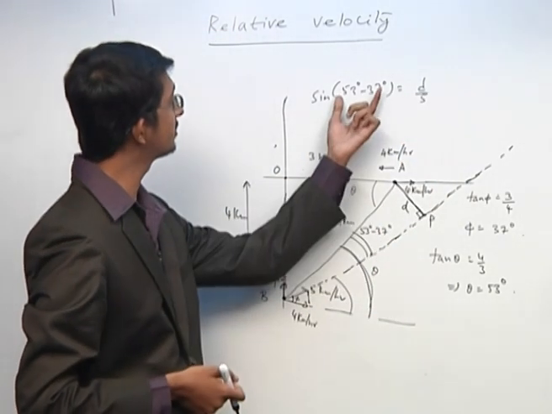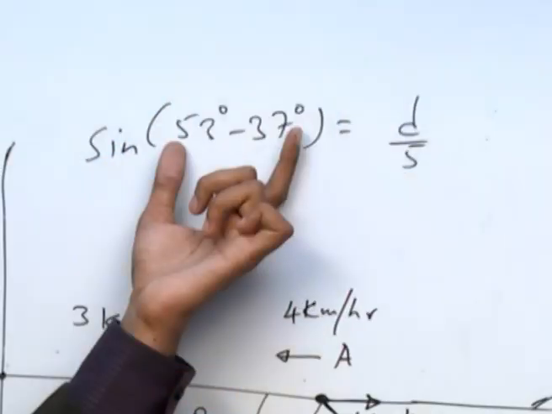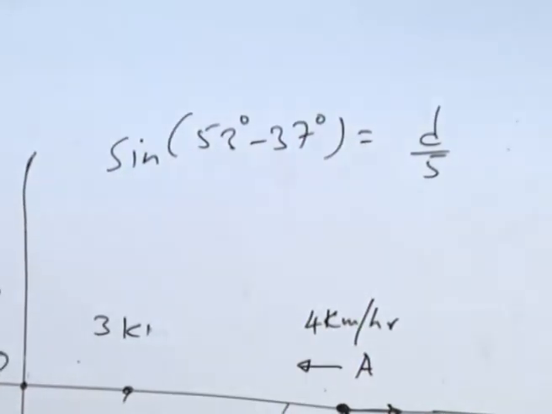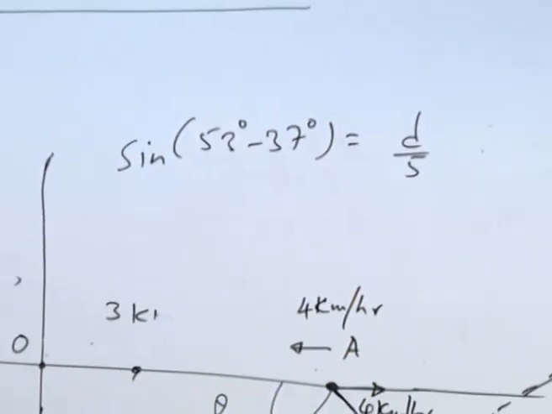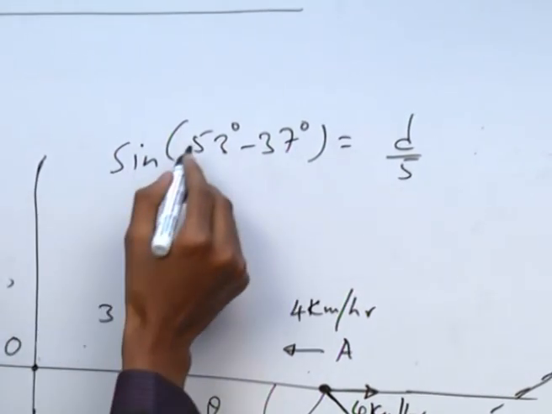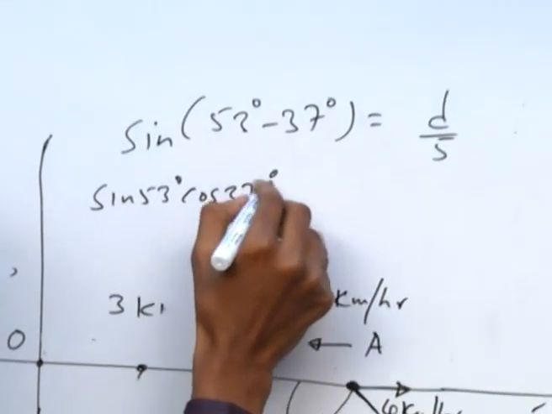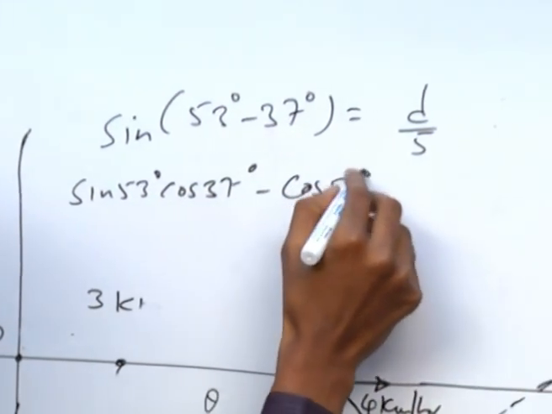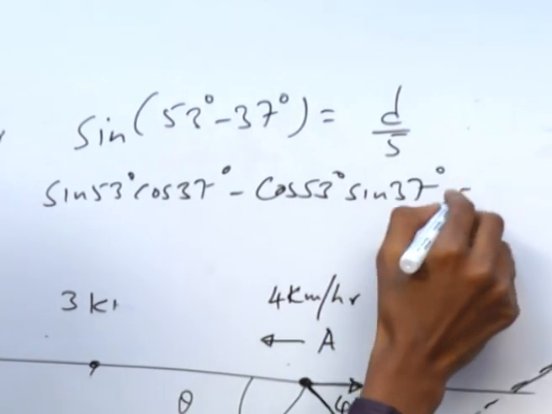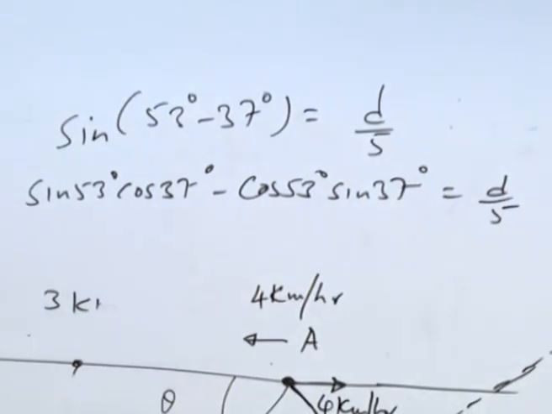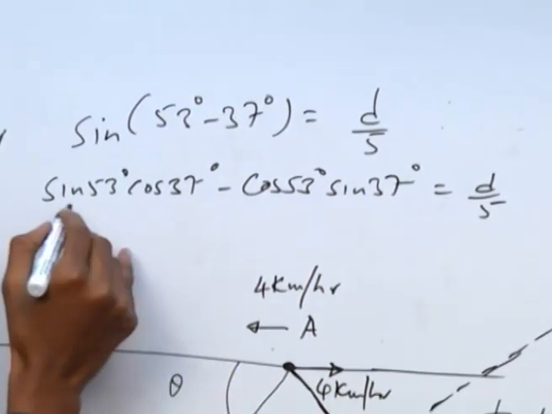My suggestion is do not simplify this. You just expand it as it is because it's easy. We know the values of sine 53 and cos 53 and sine 37 and cos 37. So we have sine 53 degrees cos 37 degrees minus cos 53 sine 37 is D by 5. Sine 53 is 4 by 5.